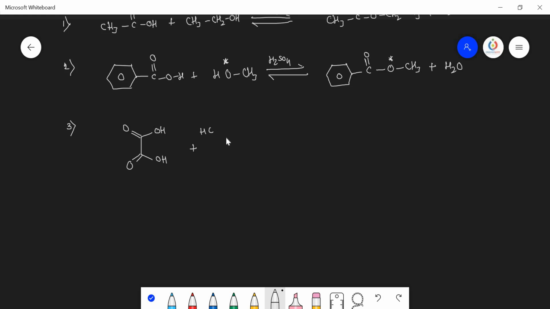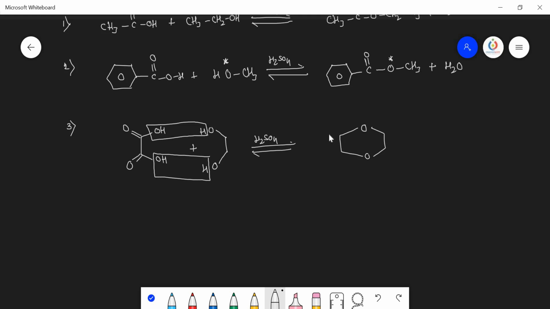You take the oxalic acid and use the glycol, ethylene glycol, with H2SO4, so that hydrogen from the alcohol, with loss of 2 water molecules, gives this molecule.